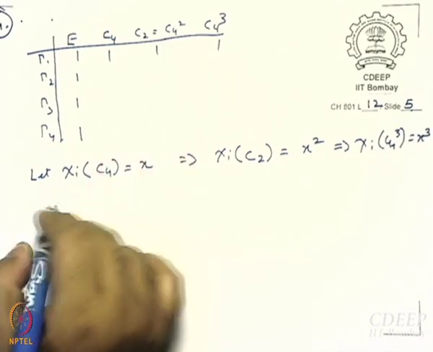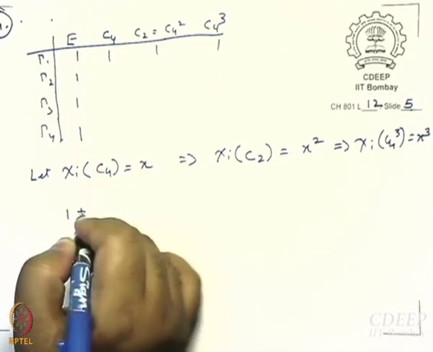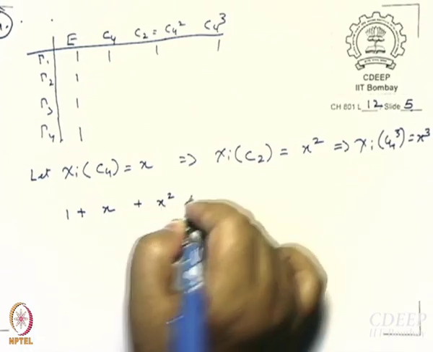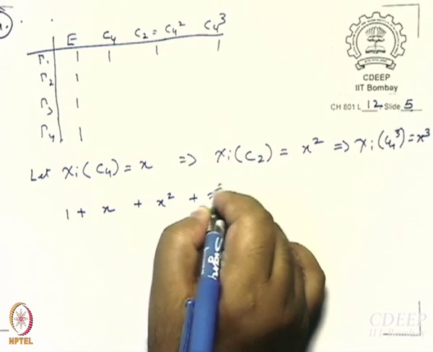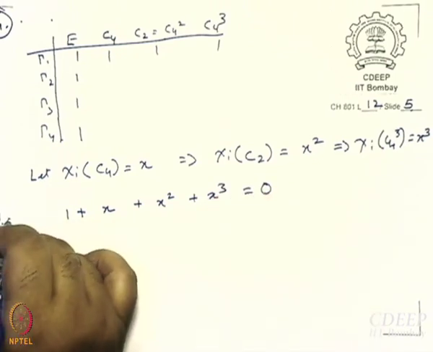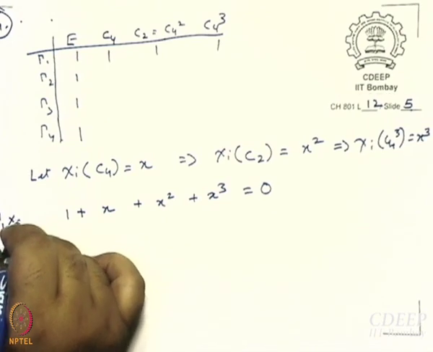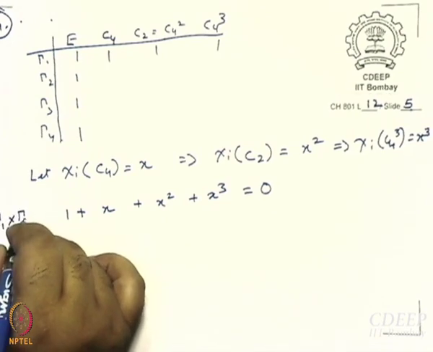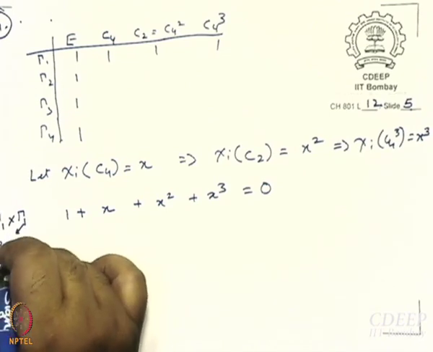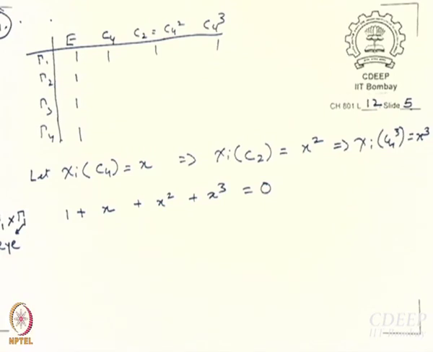Okay. Let's do that. 1 plus x plus x square plus x cube is equal to 0. How do I get it? I get it by gamma 1 multiplied by gamma I. Even this looks like gamma 1. Only pronunciation, nothing else. Gamma I.